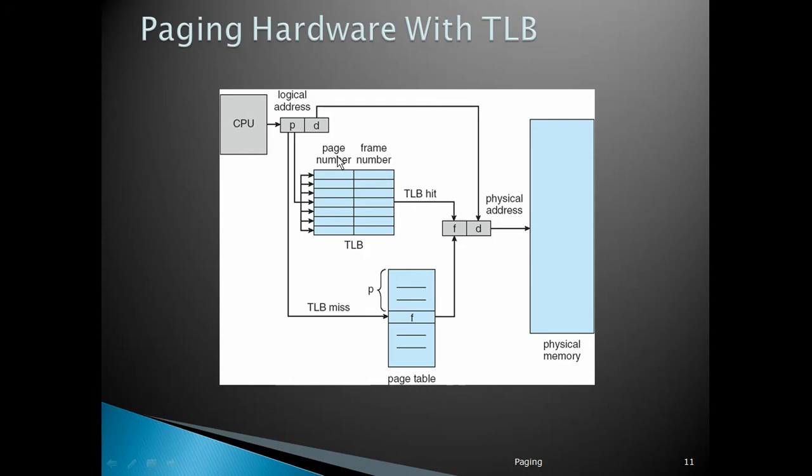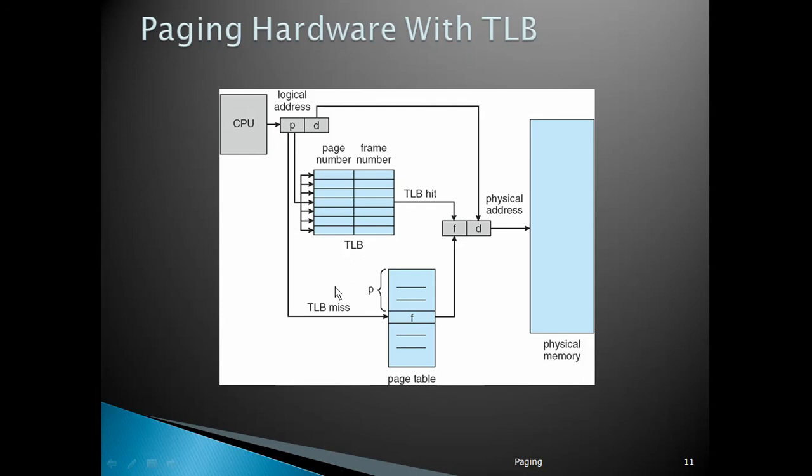And now whenever a match for the given page number is found in the TLB, that process is called a TLB hit. But whenever the search fails, that means the searched page number is not present in the translation look-aside buffer, this process is called a TLB miss.